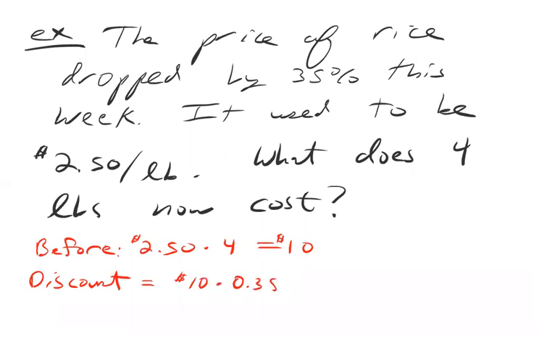Because the price used to be $10 for those 4 pounds, and it's dropped by 35%. 10 times 0.35 is $3.50. So before it was $10, there's going to be a $3.50 discount. So my new price is going to be 10 minus $3.50, which is $6.50.